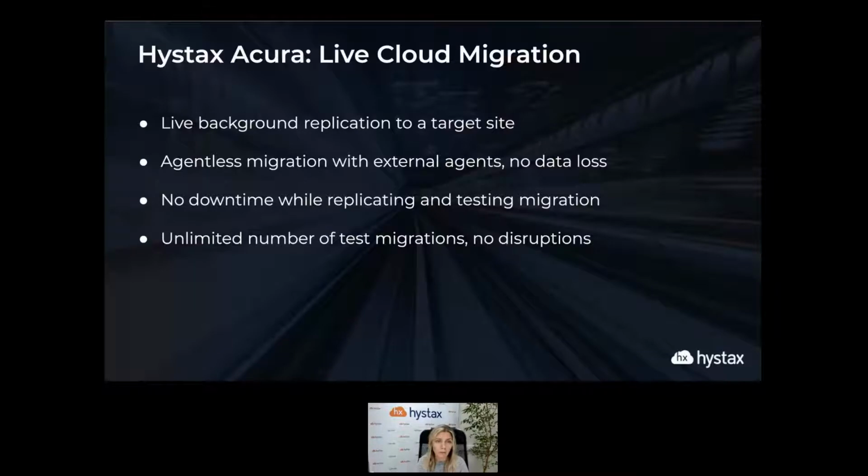First of all, from the replication side, there is always a replication agent, and it's either an internal agent or an external one. This replication agent runs in the background, and it has no impact on the production source side, and it sends the data to the target. So we're really talking about live background replication to the target side.